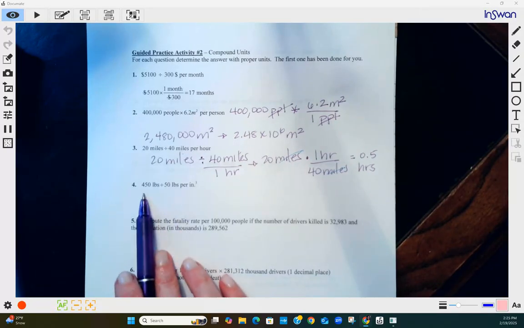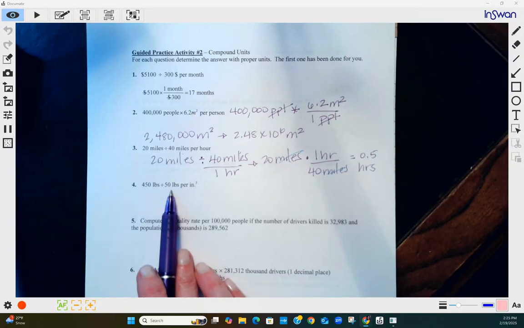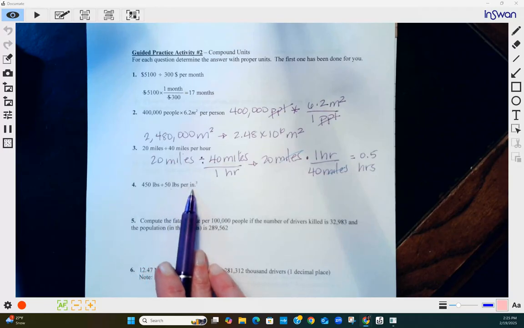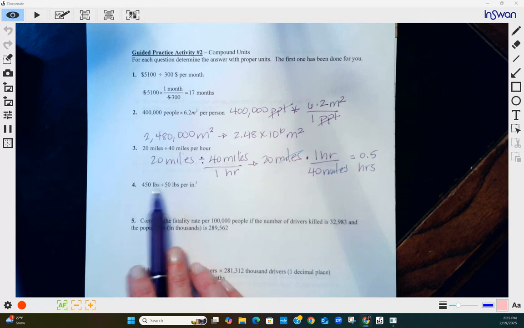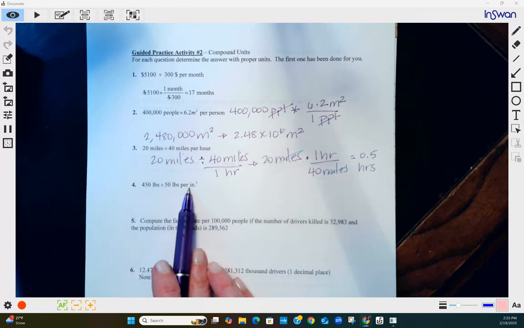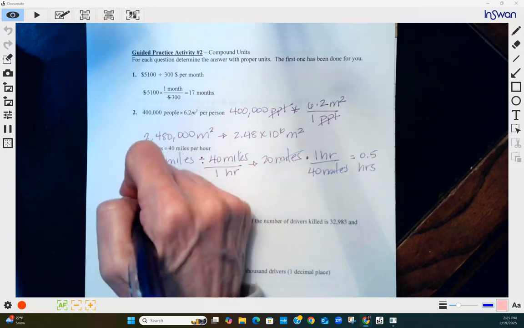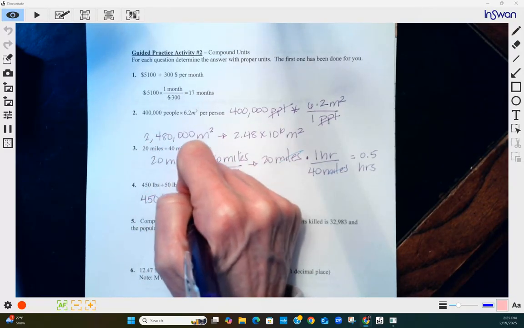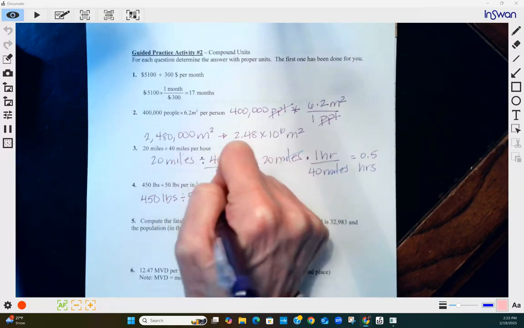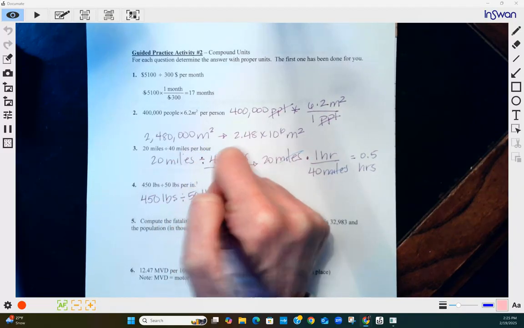All right, 450 pounds divided by 50 pounds per cubic inch. So you can just do 450 divided by 50, and the pounds will cancel. Your final answer will be in cubic inches. If you set it up as dimensional analysis, it would be 450 pounds divided by 50 pounds per cubic inch.